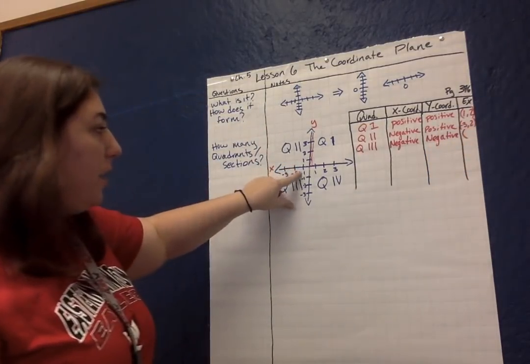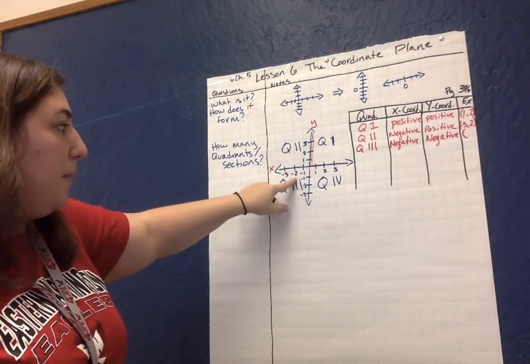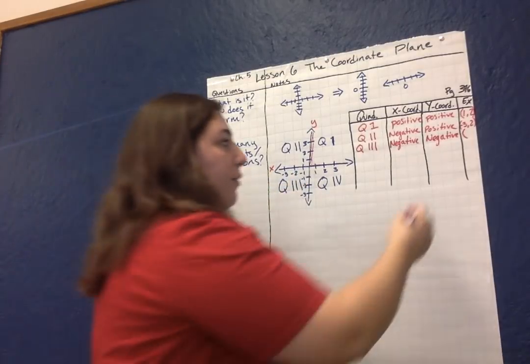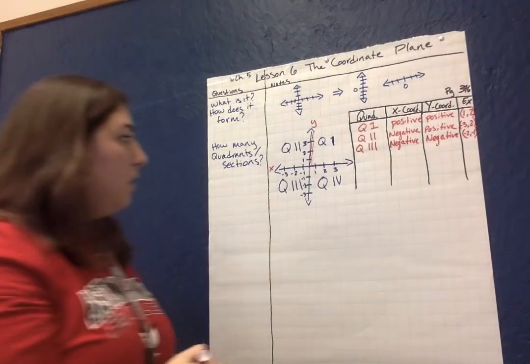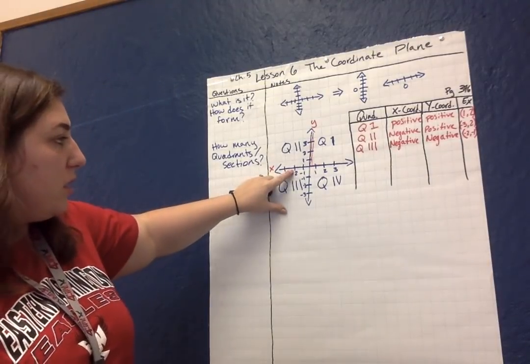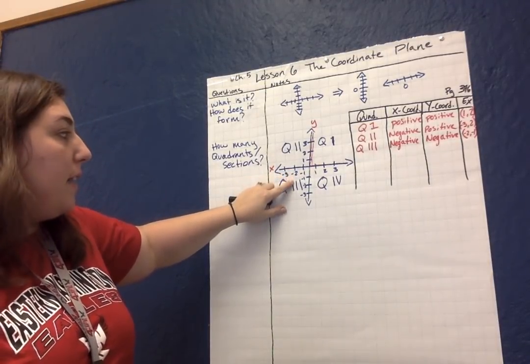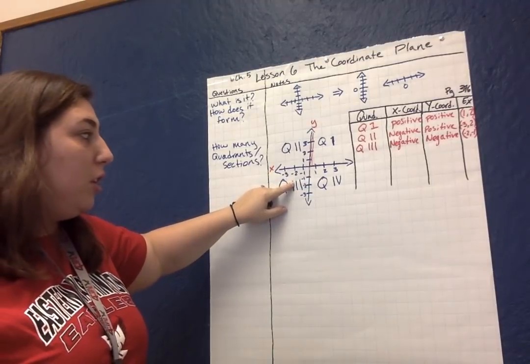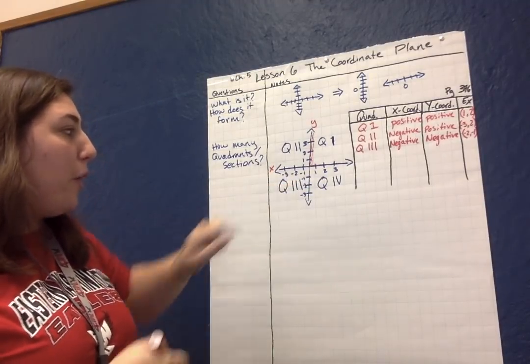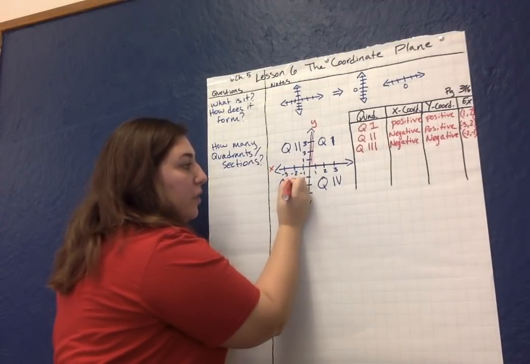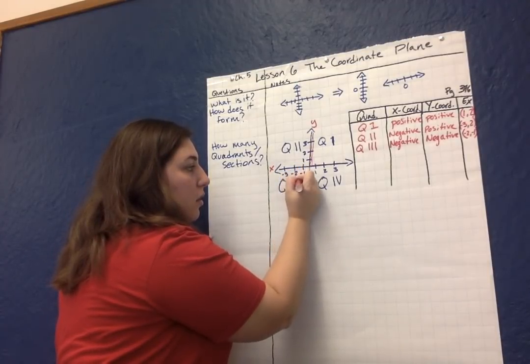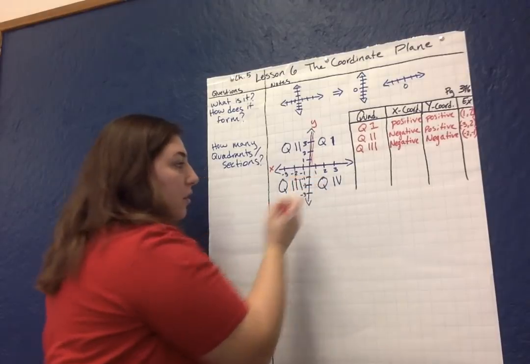An example in this quadrant would be -2 and -1. Okay, so I looked at my x first. I chose -2, and then went down a little bit to -1. So if I were to plot that, it would be plotted right here. -2 and -1. Okay.